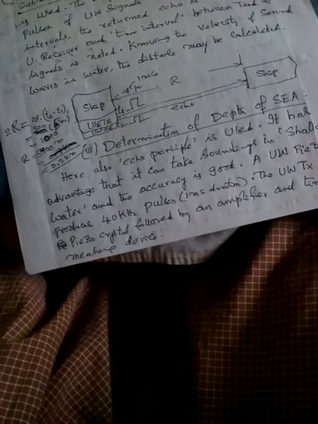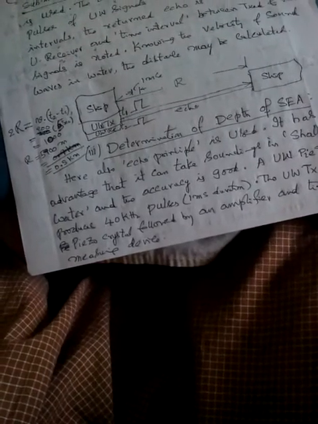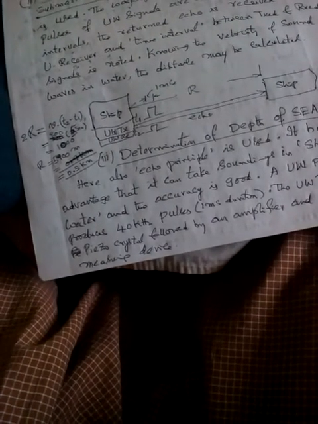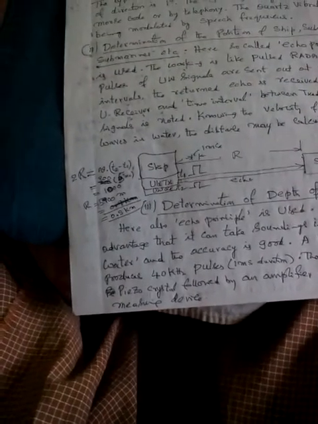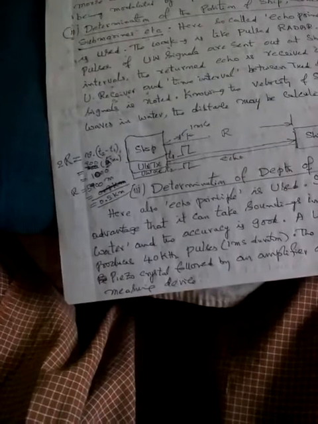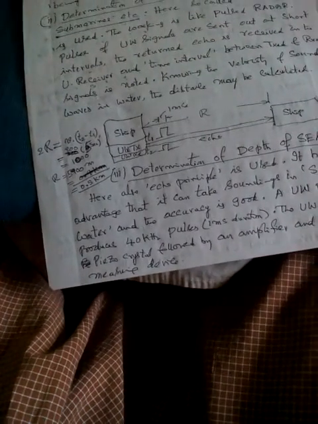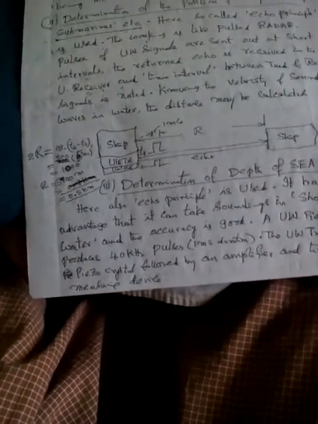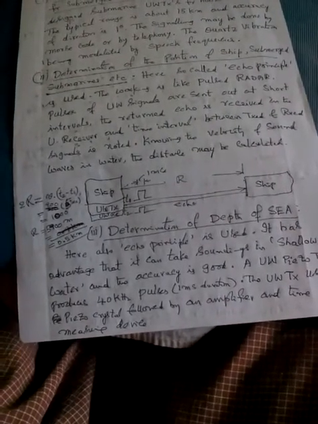The velocity of the ultrasonic wave in the sea we already know. Then the depth of the sea, d is equal to v by 2 (t2 minus t1), just like the determination of position in the second case. The depth of the sea can also be measured using ultrasonic waves.